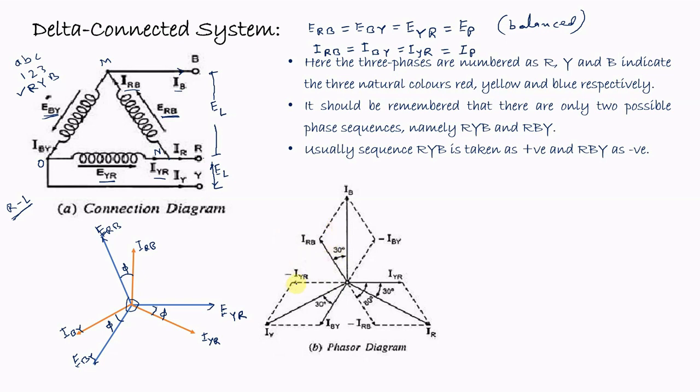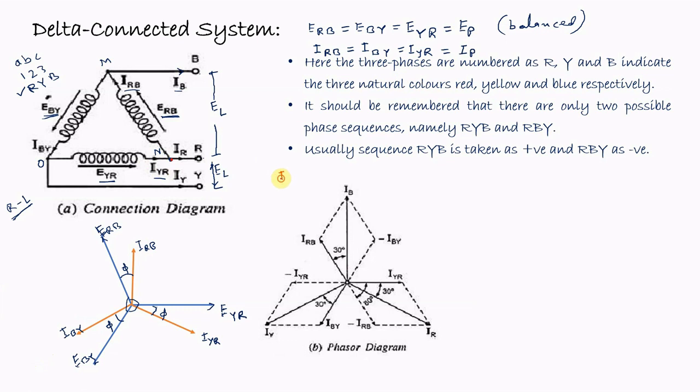Now from these phase currents we have to calculate the line current. Let's say we want to calculate IR. Apply KCL at the point N. Here the incoming current is IYR.